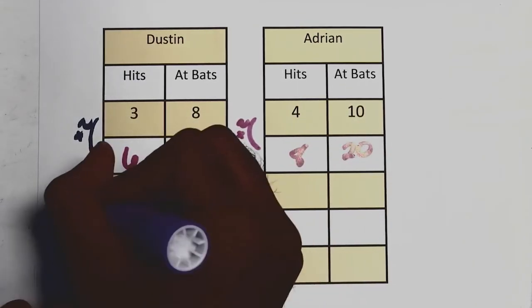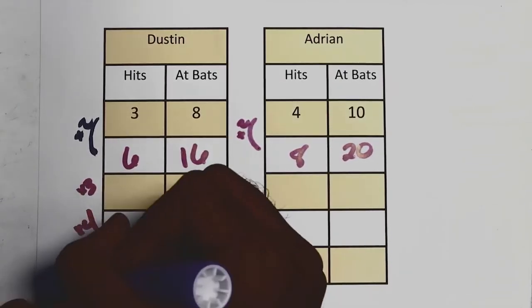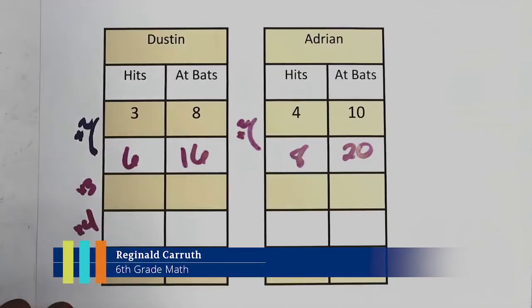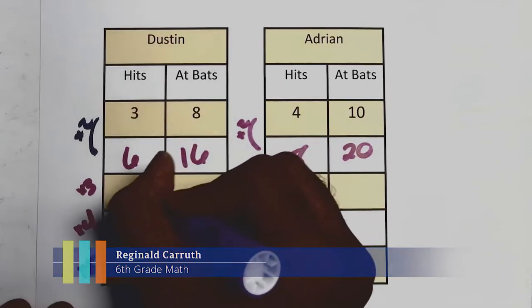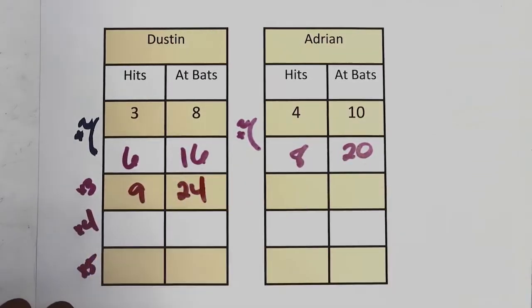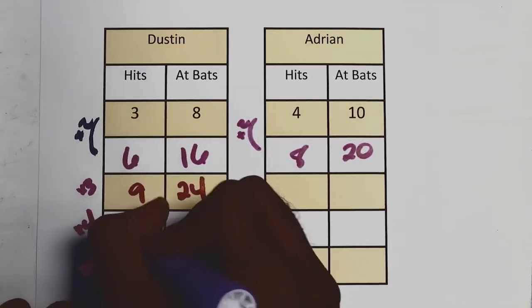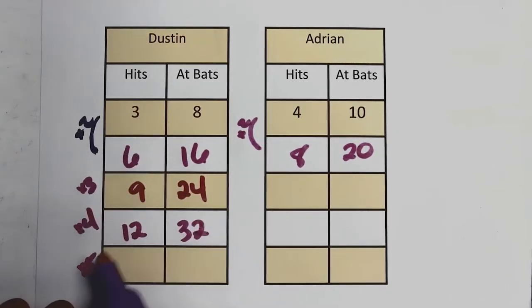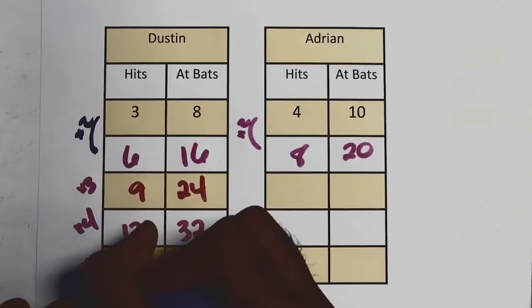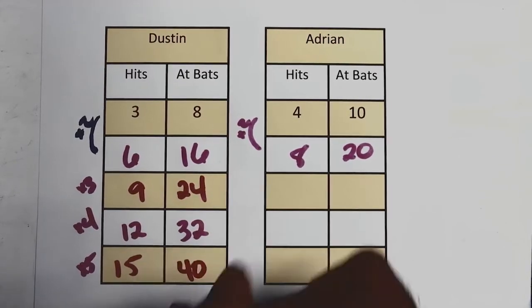I'm going to do the same thing, multiplying by 3, by 4, and by 5 to continue to create our equivalent ratios. So this would be 9 and 24. Now I multiply 3 times 4, 8 times 4, that's going to give me 12 and 32. And now when I do 3 times 5, 8 times 5, that's going to give me my 15 and 40.